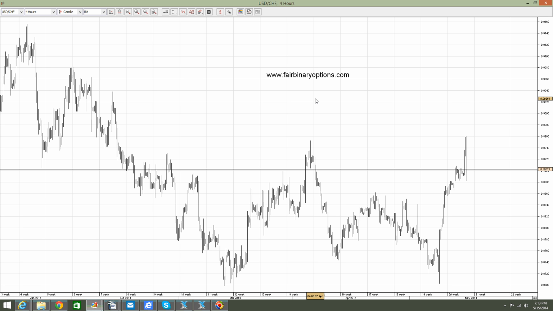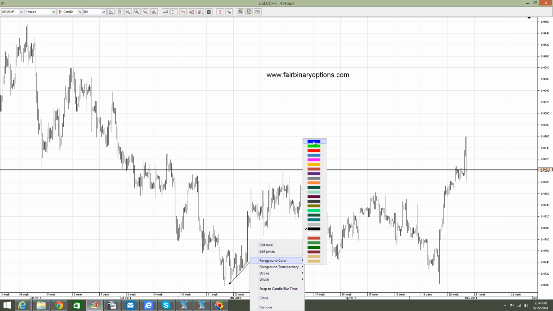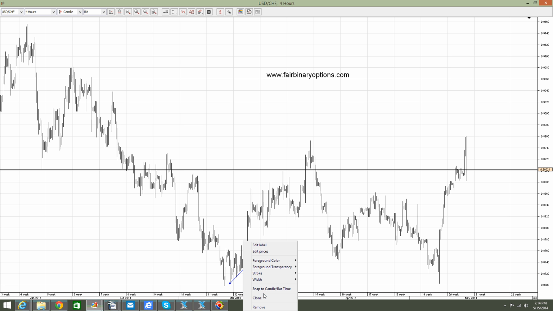wave, and this is explained by the fact that the previous lows here were actually at the end of a contracting triangle. So at the end of this contracting triangle were the previous lows.